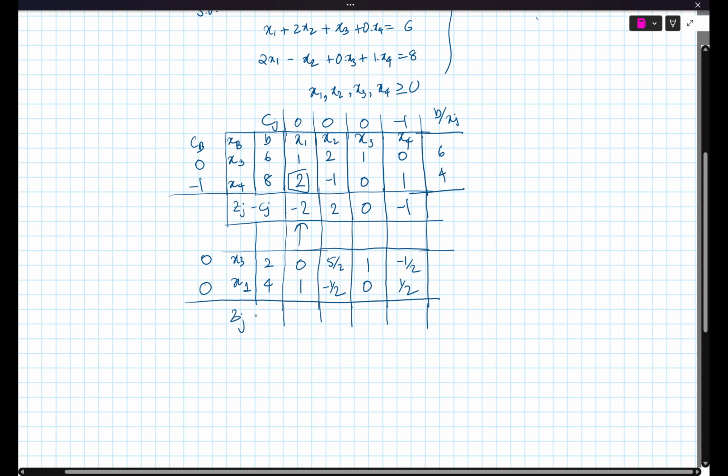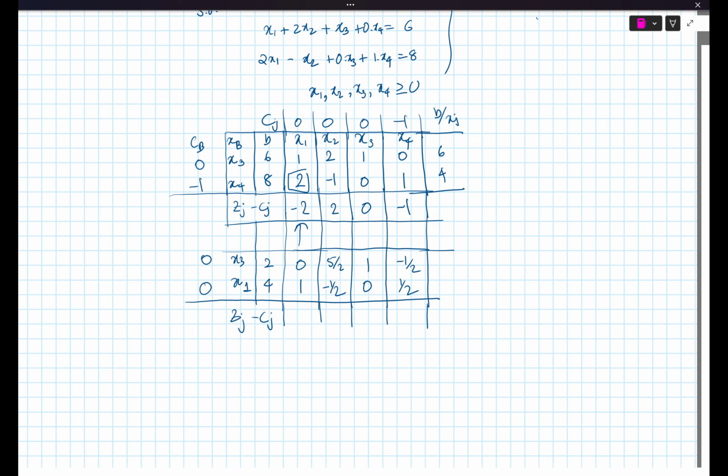So I have Zj minus Cj. So I'll get, I guess, 0, 0, 0 and 1. Right. So all are greater than or equal to 0, so we can stop here. And now I need to look at what is there in my BFS.